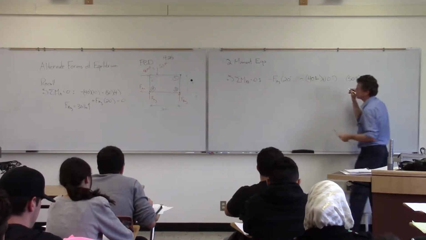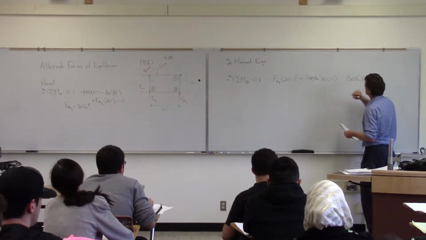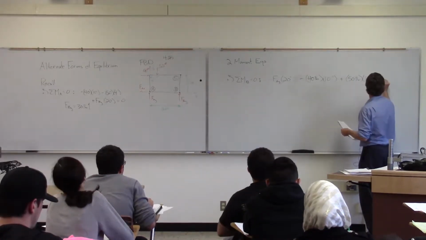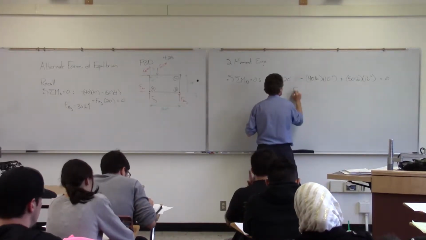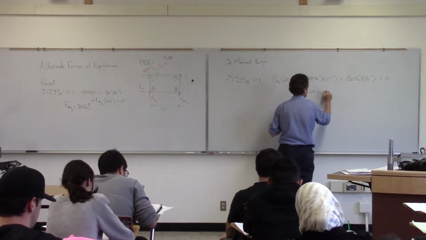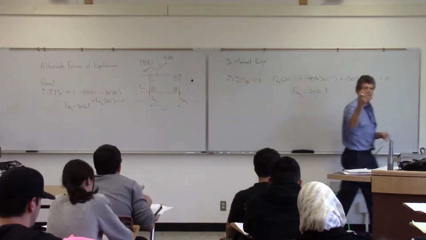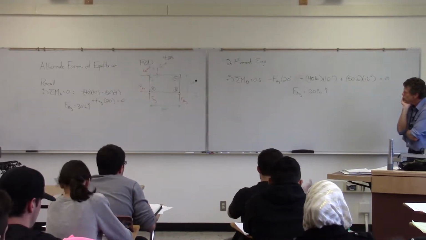How far away is it acting? 16. Positive or negative? And when we plug and chug through this, what we find is the same answer that we did with sum of forces in x. Same approach.